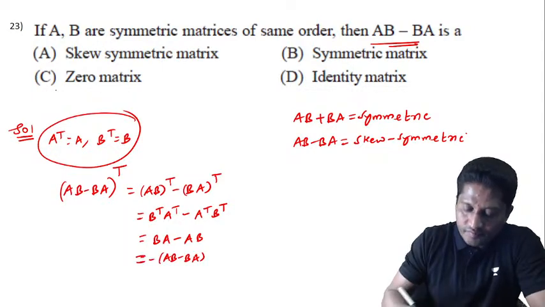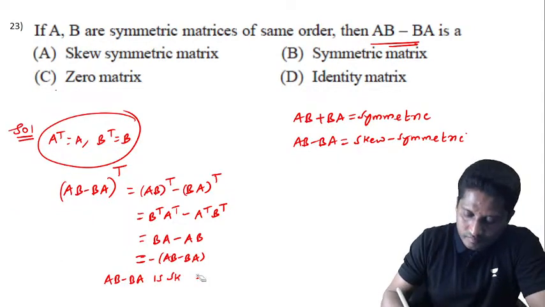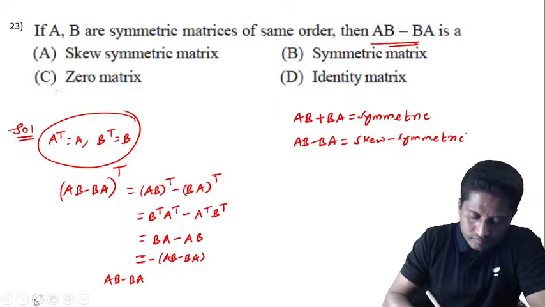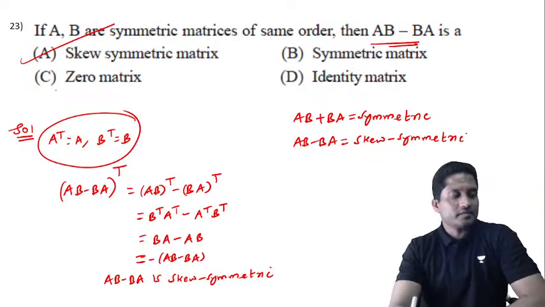So I'm getting negative of its own transpose. Obviously, AB minus BA is skew symmetric. Answer is option A.